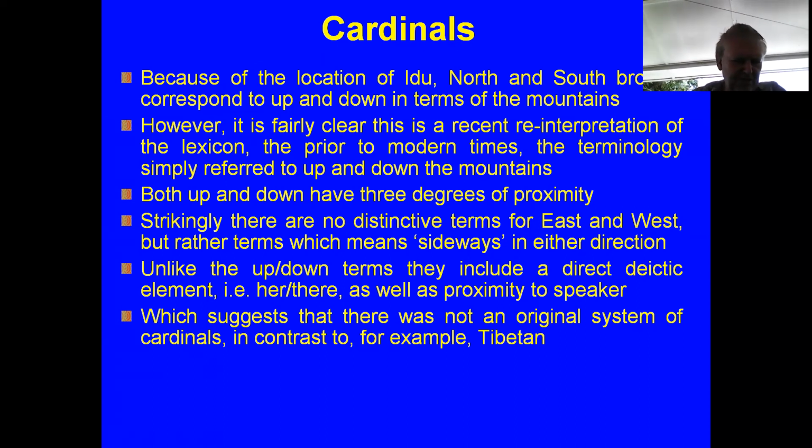And both for up and down, they have three degrees of proximity. Now, one marker of this is the fact that there are no distinctive terms for east and west, rather terms which mean sideways in either direction. So unlike the up-down terms, they include a direct deictic element, here and there, as well as proximity to the speaker, which suggests that this was not an original system of cardinals, in contrast, for example, to Tibetan.